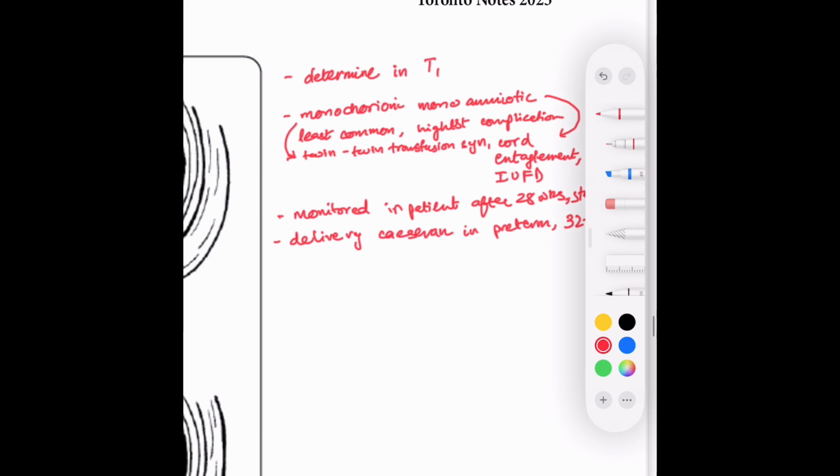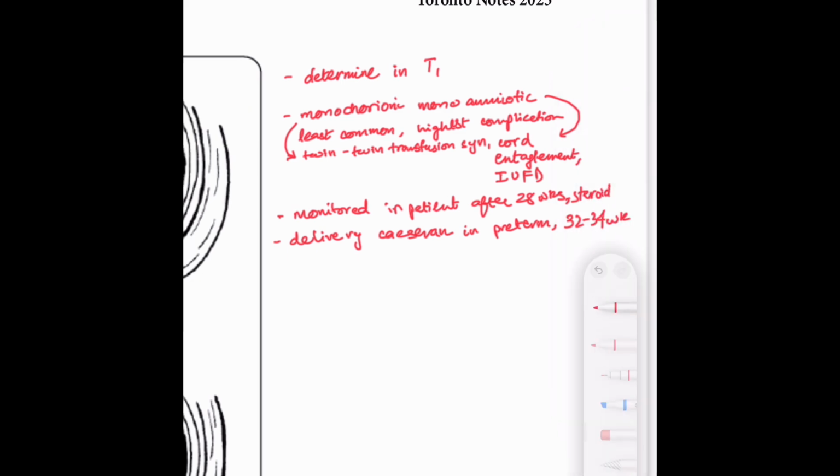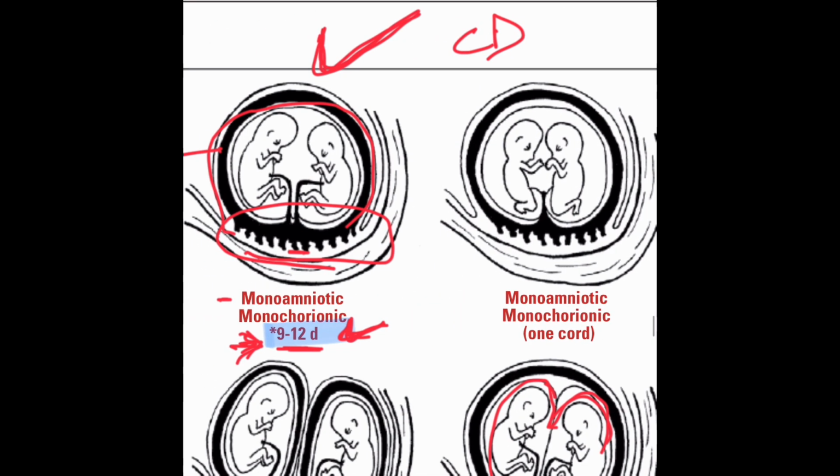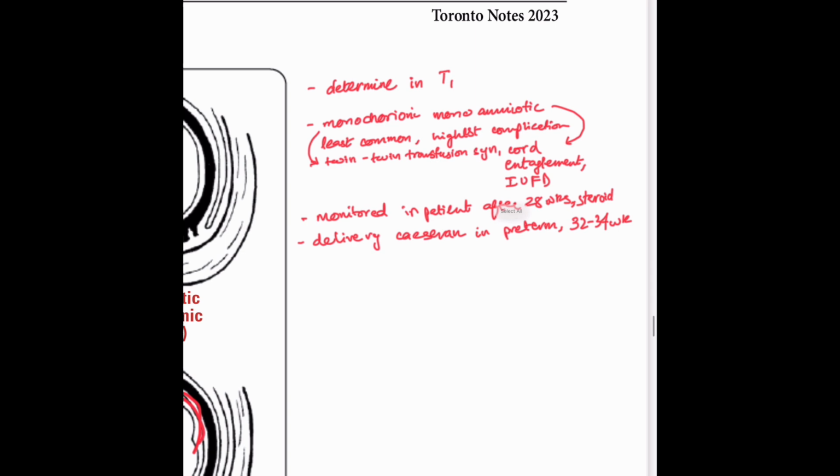So twin to twin transfusion syndrome, cord entanglement, intrauterine fetal demise, most of these happen in these twins, of course, because they don't even have their own amniotic fluid. So they are just dependent on each other, and then one might just die, and then there would be intrauterine fetal demise, and then they would make some extra anastomosis between each other, and then one would be donor and one would be recipient, which happens in twin to twin transfusion.